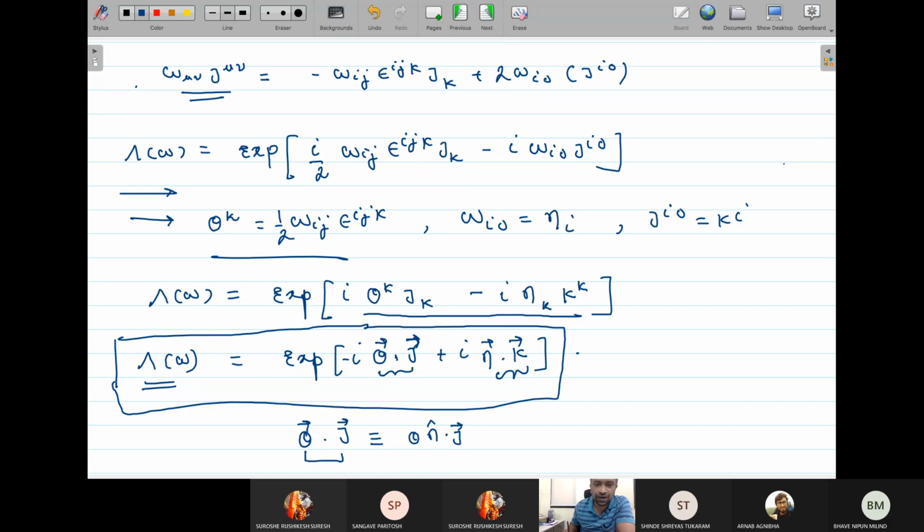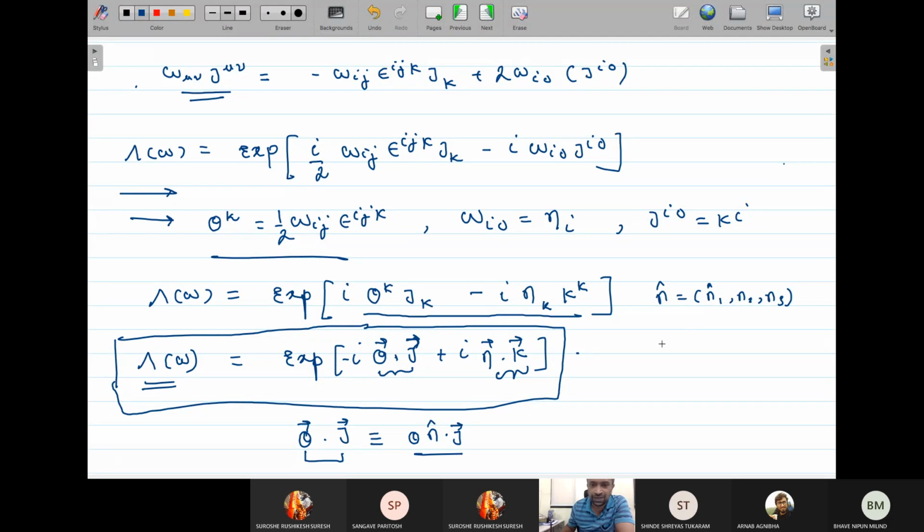This is the shorthand. Here n̂ is (n1, n2, n3), like your î, ĵ, k̂.